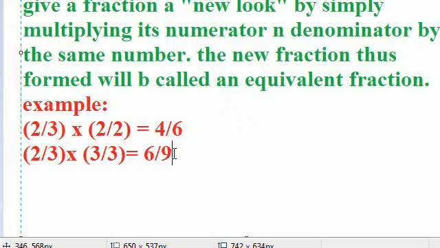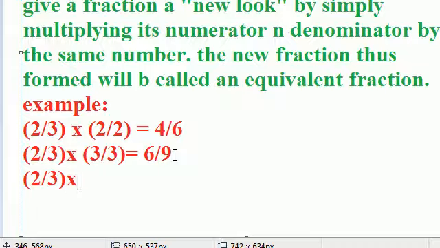So we can say 6 by 9 is an equivalent fraction of 2 by 3, meaning that 6 by 9 is mathematically the same as 2 by 3, or we can also say that 6 by 9 is the same as 4 by 6 is the same as 2 by 3. So in this way we can form any number of equivalent fractions of a given fraction.